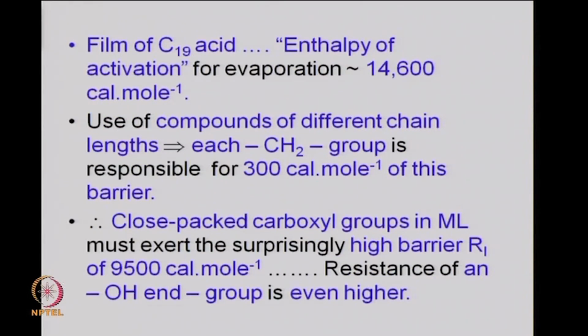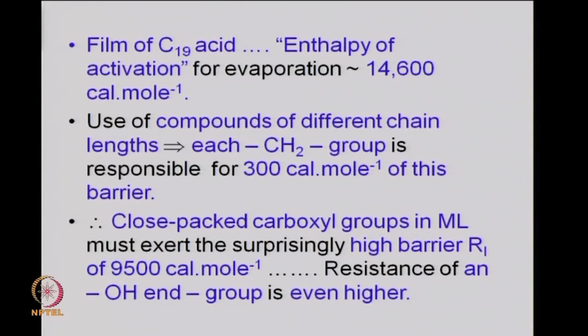If we use film of C19 acid, the enthalpy of activation is about 14,600 calories per mole. You could use different chain lengths and find out what is the contribution per CH2 group. It works out to be about 300 calories per mole of contribution per CH2 group to the enthalpy of activation for evaporation.